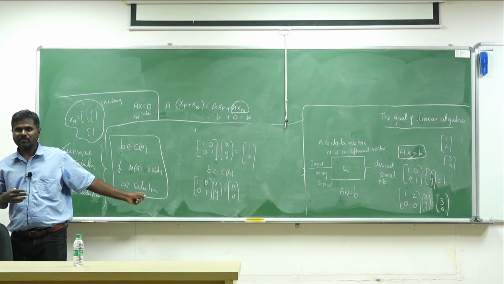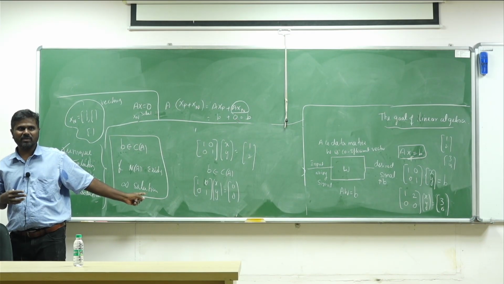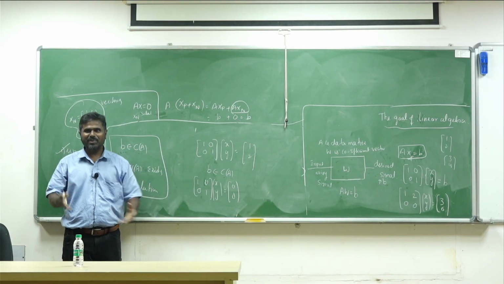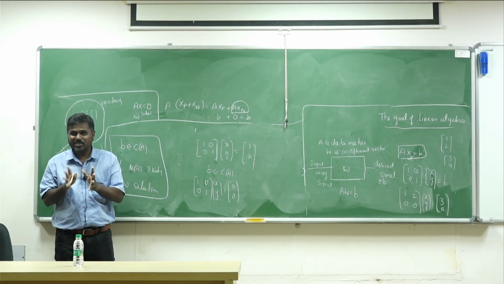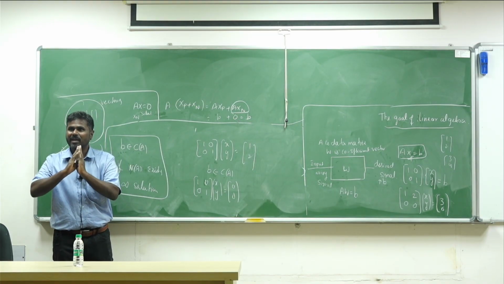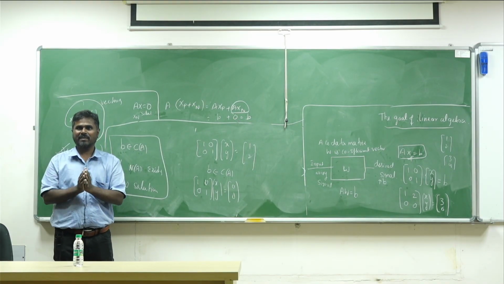Can we have a solution for that? Can we have, say, a solution for this system of equations? No, right? Other than the 0 vector, you don't have any other solution. So no null space vectors.